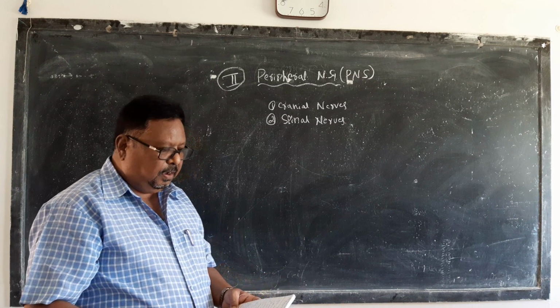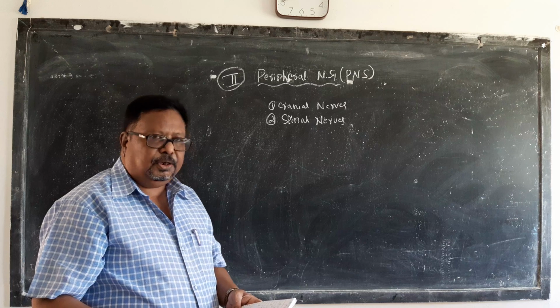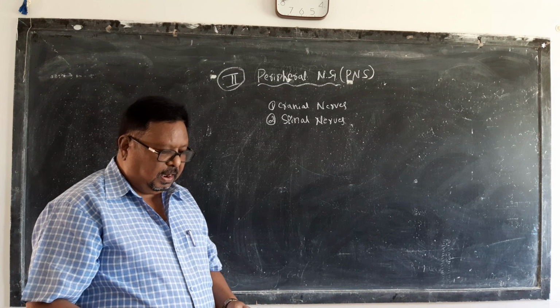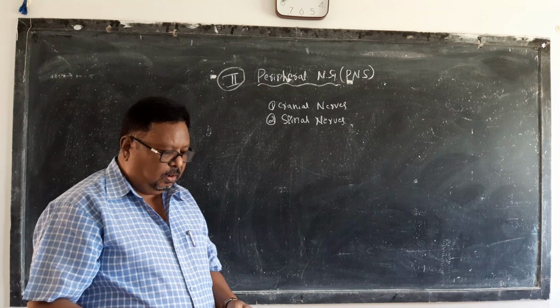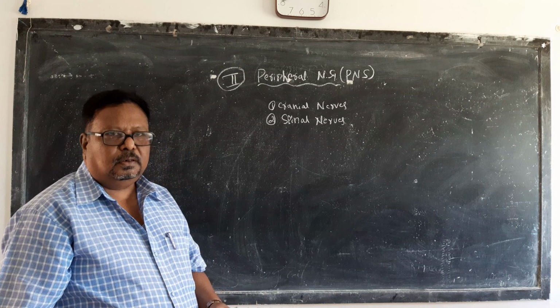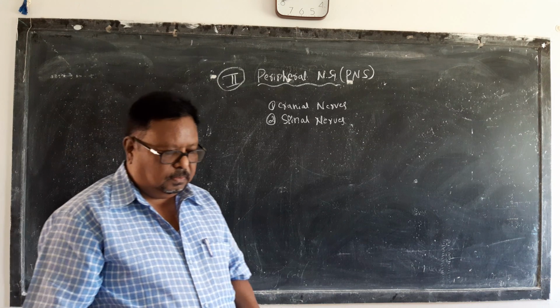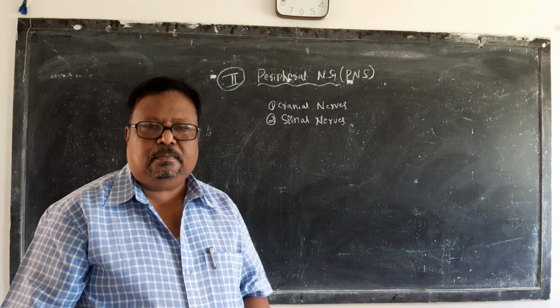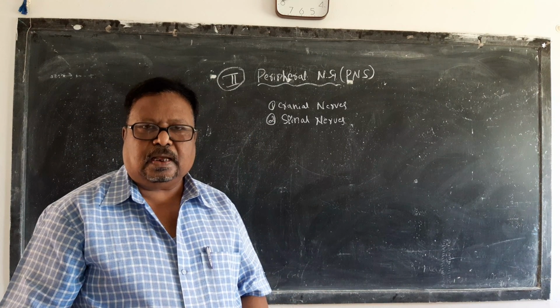Coming to the cranial nerves, the nerves that are attached to the brain are called cranial nerves. The cranium is nothing but the brain cavity, the skull cavity.